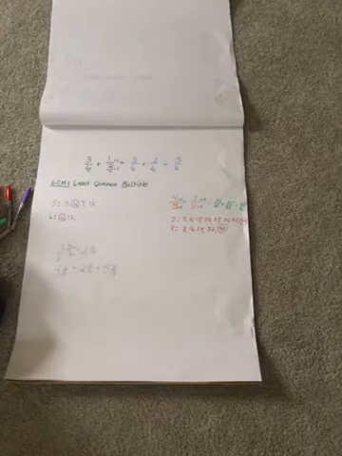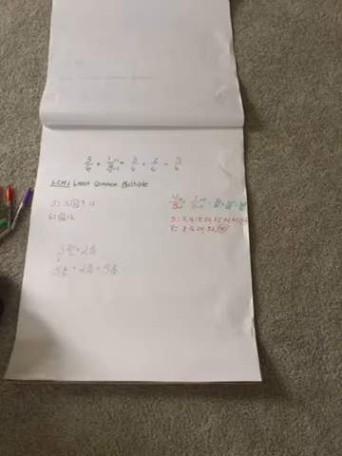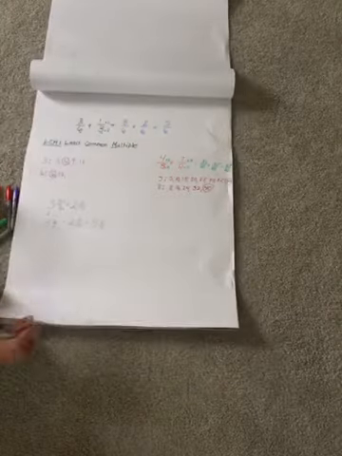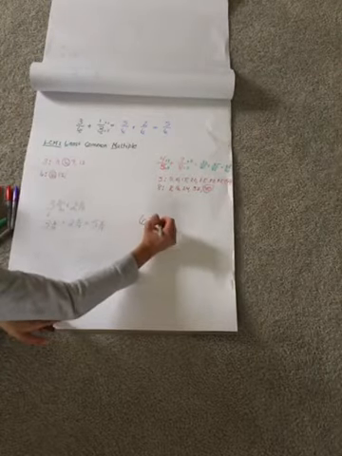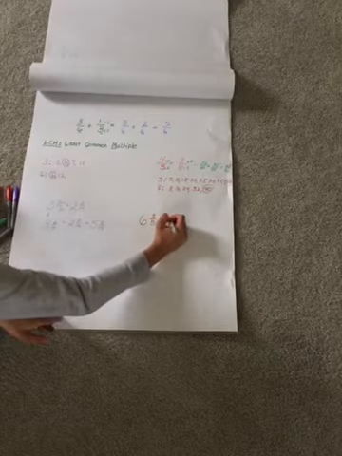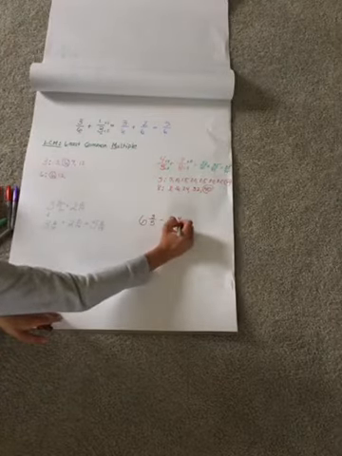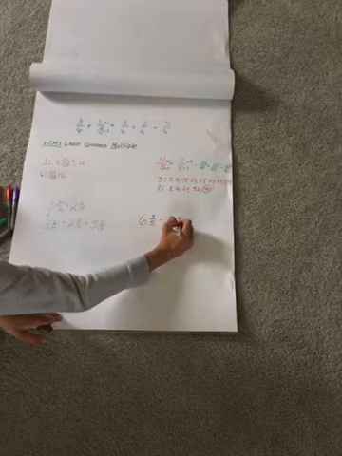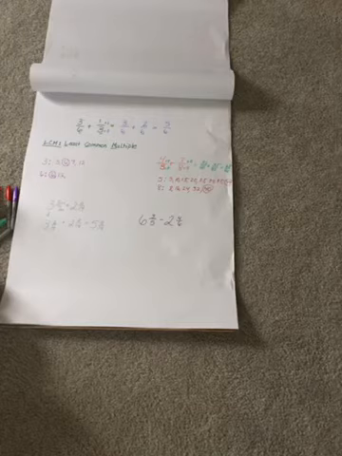Let's switch gears and move to subtraction for a few minutes. All right, first thing I have to do is I have to get that denominator to be the same.